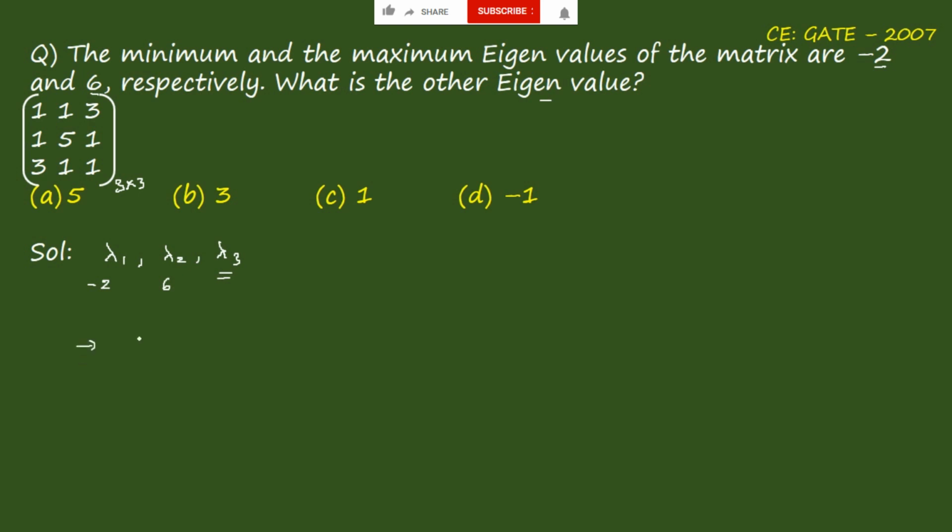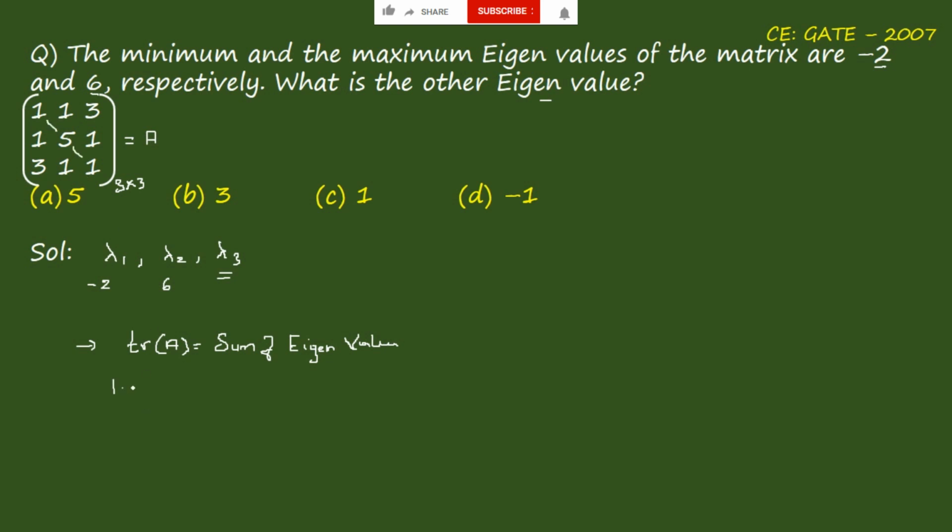The basic thing that we know is that the trace of a matrix A is equal to the sum of eigenvalues, right? Now if you consider this matrix as an A matrix, then the trace of the matrix is the sum of the diagonal elements.